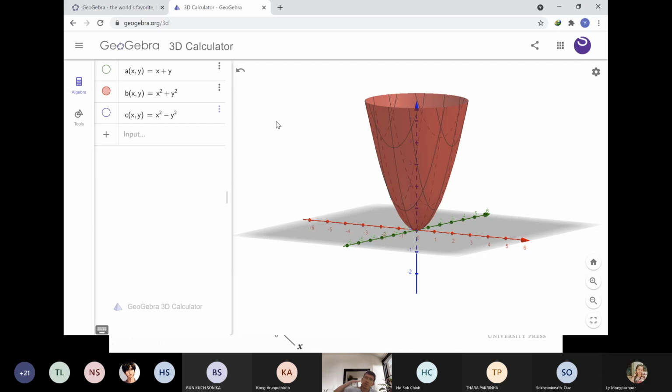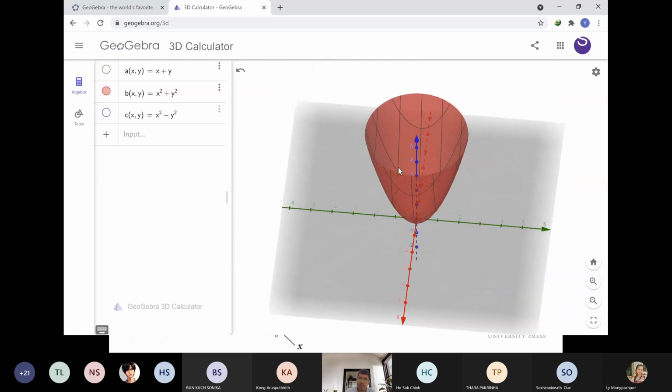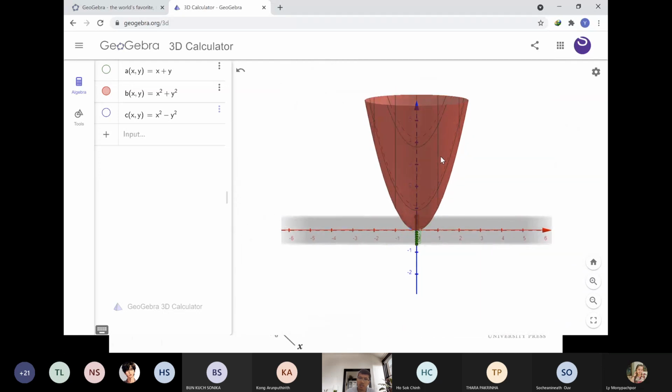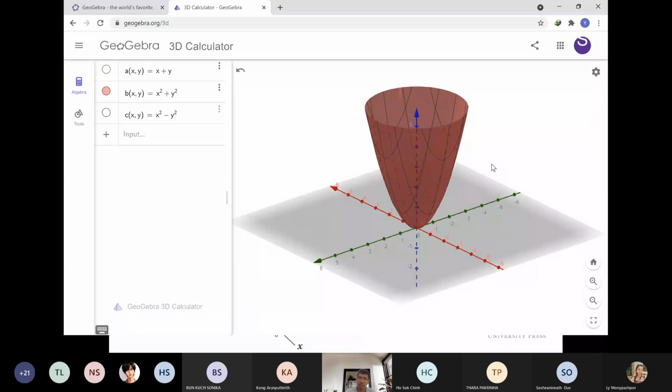So when you choose all possible values of x and y, that will give rise to a surface like this for the level of z, right? So what can you say? It's kind of like a cup, right?